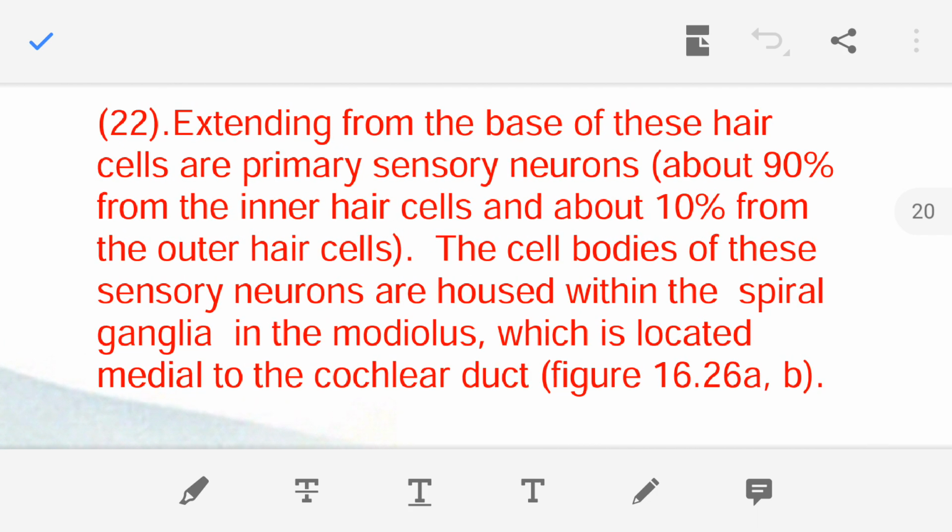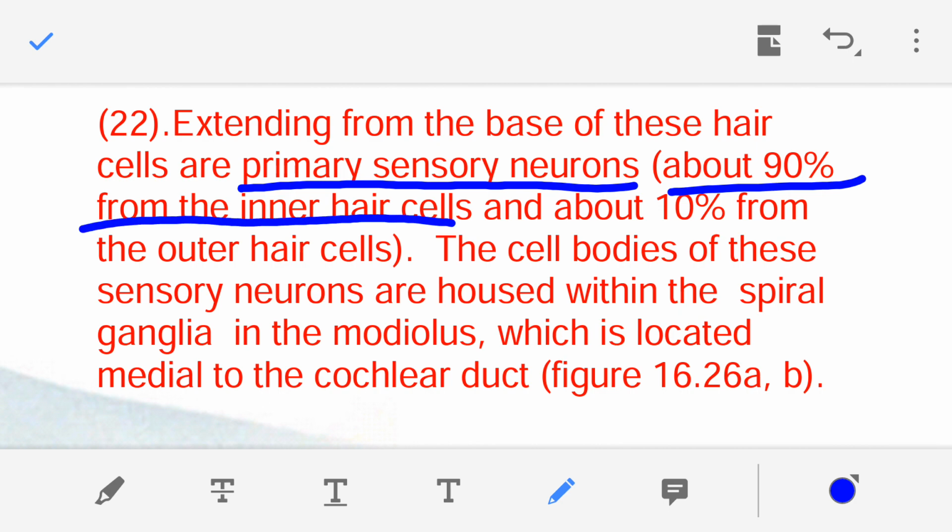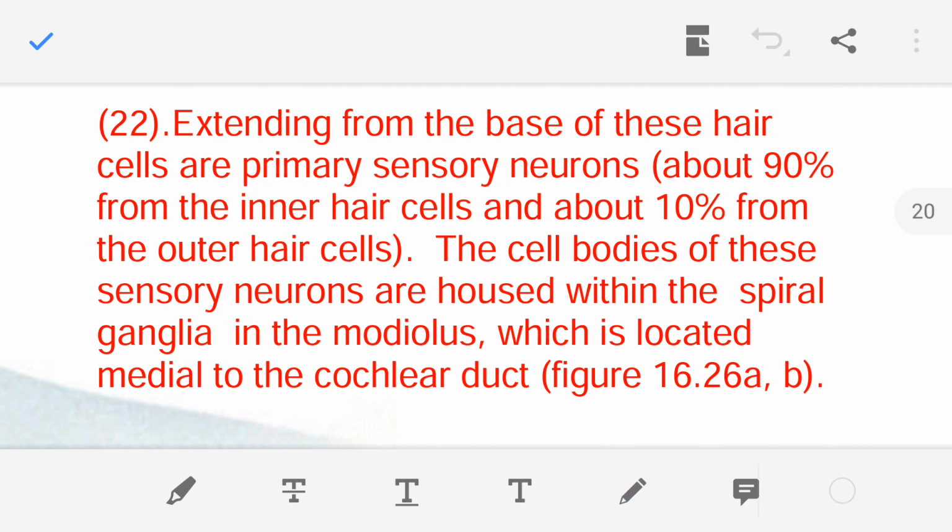Okay, so once again, extending from the base of the hair cell are primary sensory neurons, 90% from inner hair cell and 10% extended from outer hair cell.